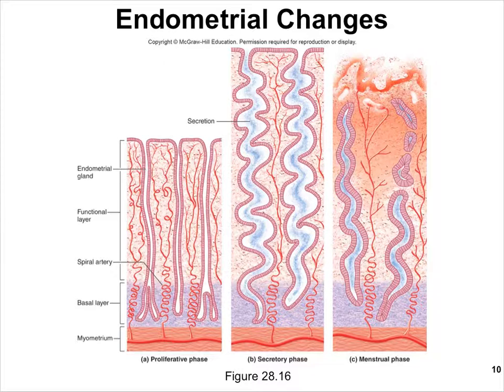And the corpus luteum will continue to stick around, producing progesterone primarily, and that progesterone will continue to maintain the endometrium in its secretory form so that it stays healthy and spongy and continues to have lots of arteries giving lots of blood and oxygen to it and makes lots of glycogen to nourish the developing embryo.